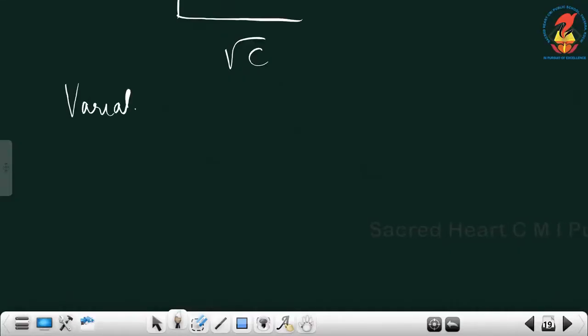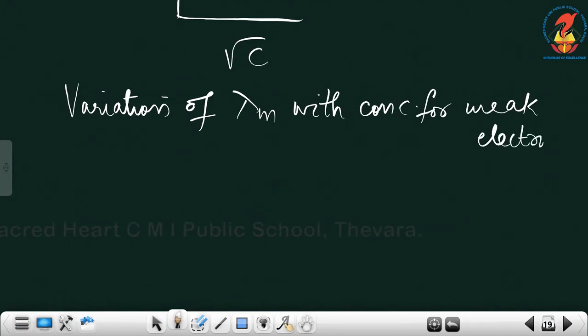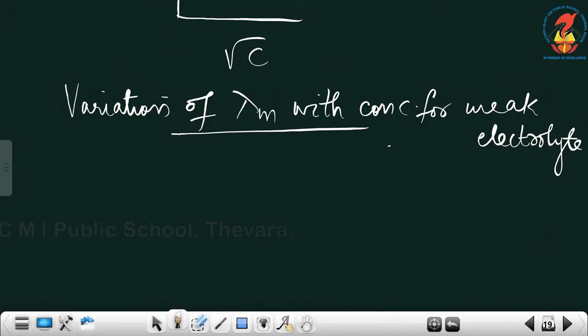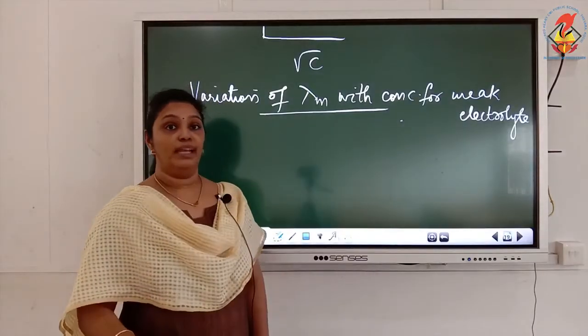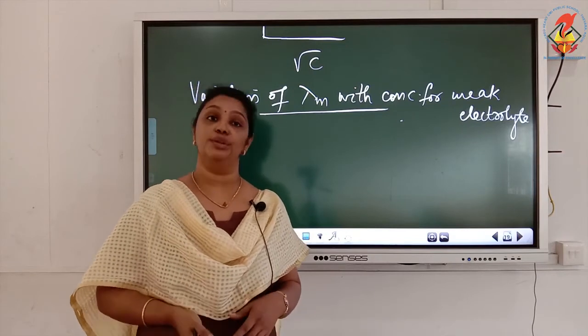Variation of lambda m with concentration for a weak electrolyte. Now we know that weak electrolytes ionize partially in solution.